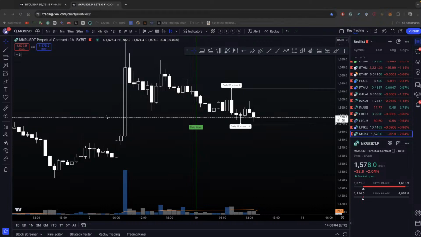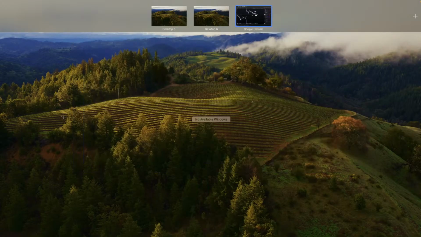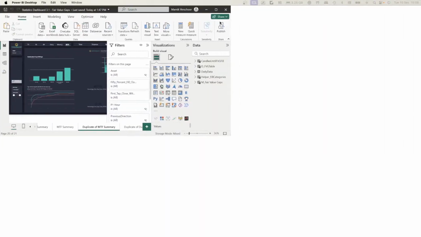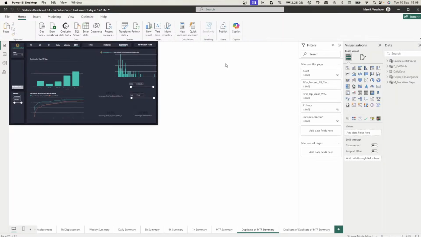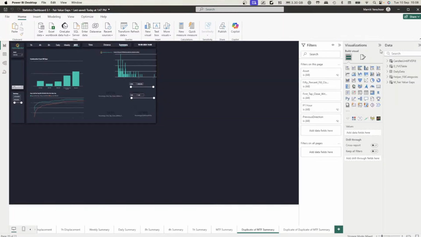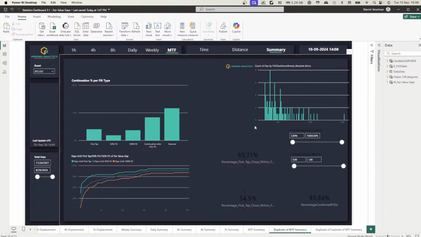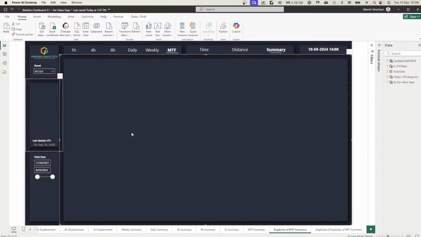Ah, finally, the thing I wanted to show seems to be working now. All right, so what you're going to see now is a heavy development stage, obviously. What you see here is I've built a data model for fair value gaps.